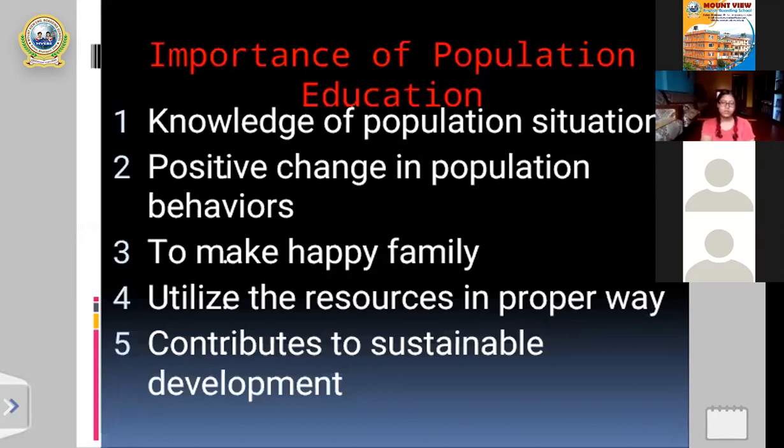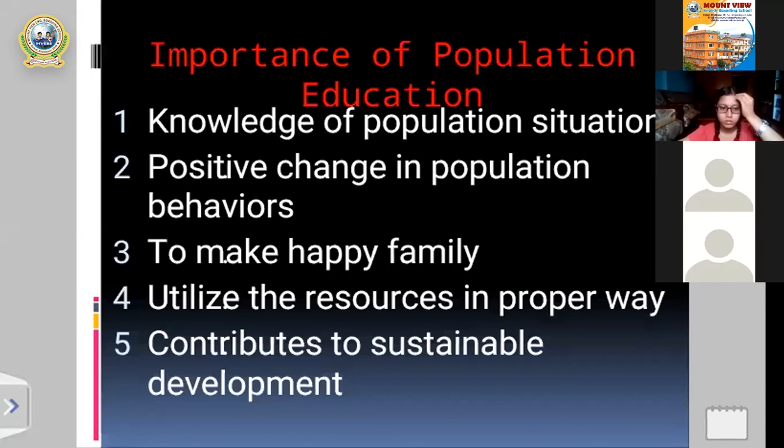Managing the population means we have to use the manpower in an effective way, not less and not more manpower. So for sustainable development, first of all, we have to manage the population. And if you manage the population, it helps to minimize different environmental problems.